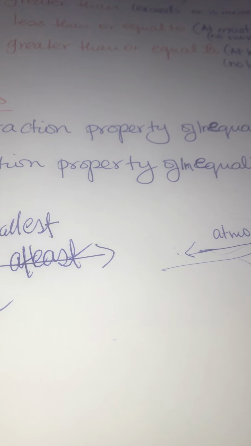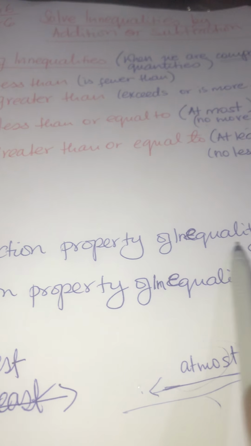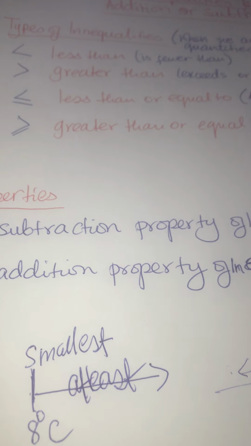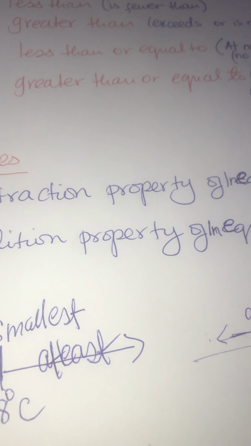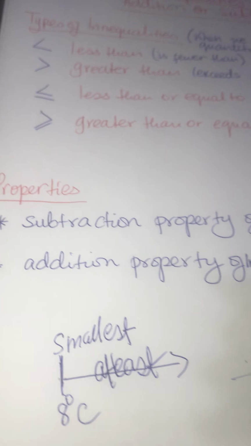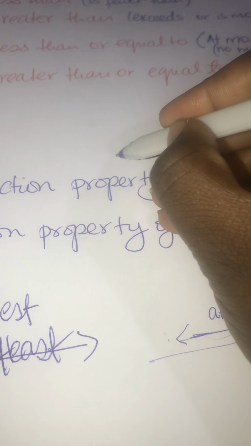All right, we continue. In this lesson, we are going to add more properties. Subtraction property of inequality. It is where you subtract the same number or the same value on both sides of the inequality. So how do I write this?